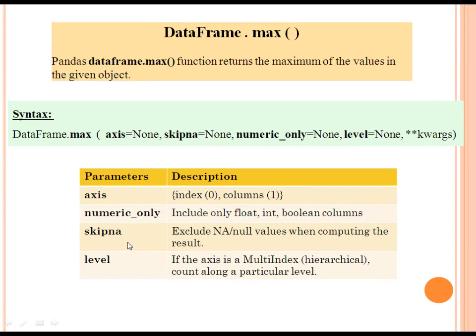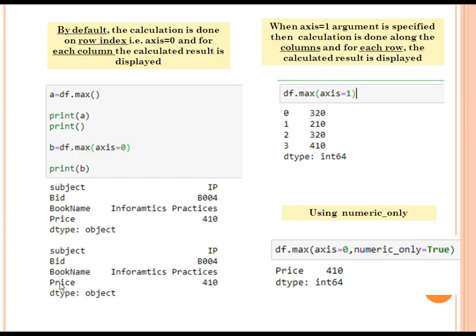This is actually skipped by the numeric only parameter also, but there is one separate parameter for excluding the NaN values. Next is level. You already studied how to create a multi-level index, so if you want to find the maximum level wise, you have to use this level parameter. Clear?